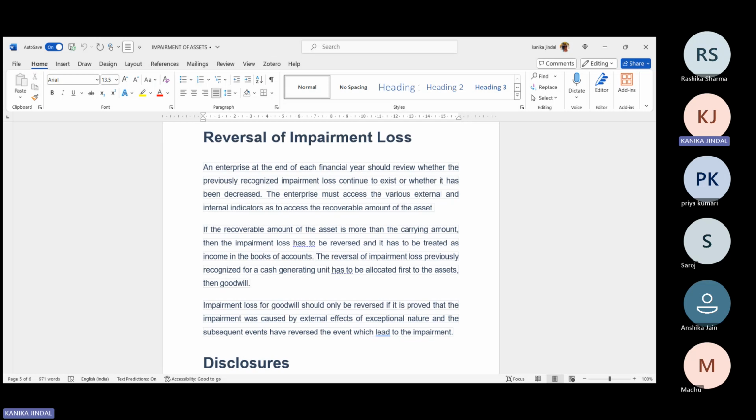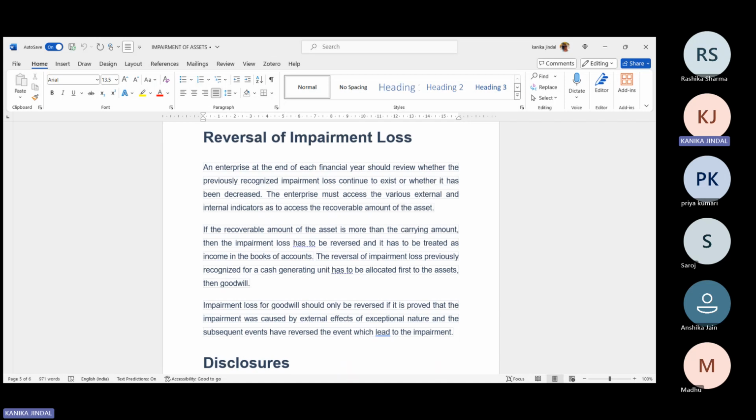It should assess all the external and internal indicators to assess the recoverable amount of the asset.